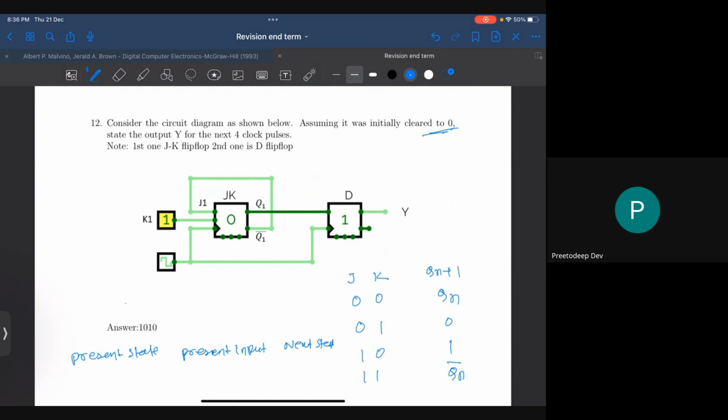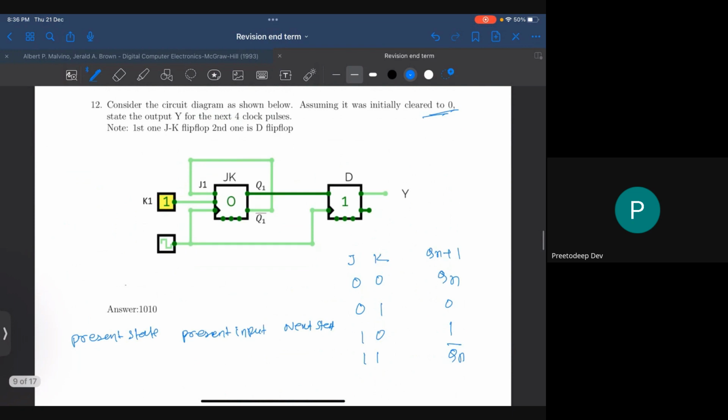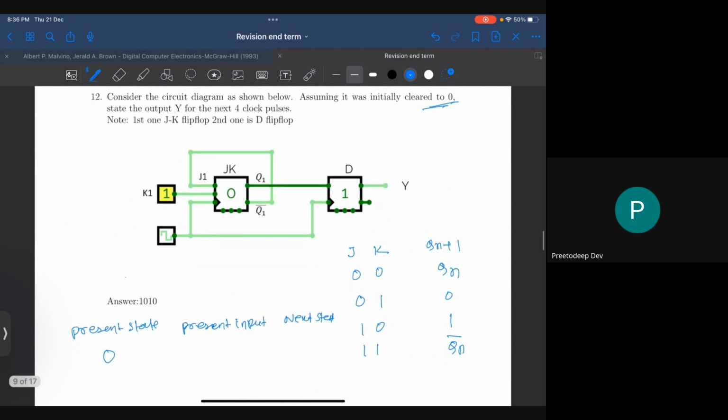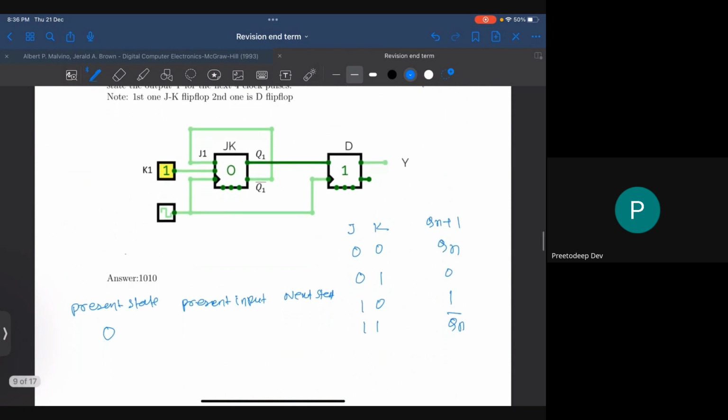Okay, so the present state is whatever Q1 is, 0, then present inputs. So J1 will get Q1 bar, right? So it's 1 and it's 1. So when it's 1 1, it's Qn bar, so it will be 1.